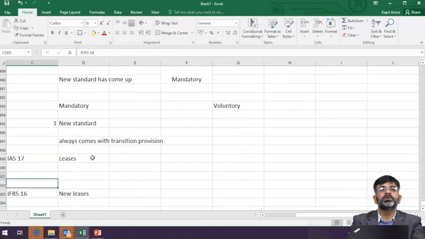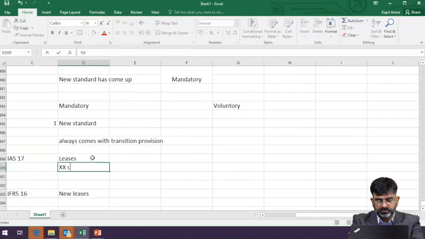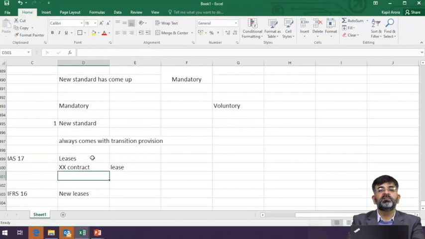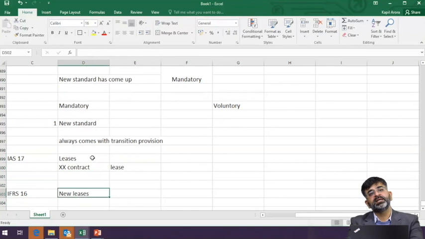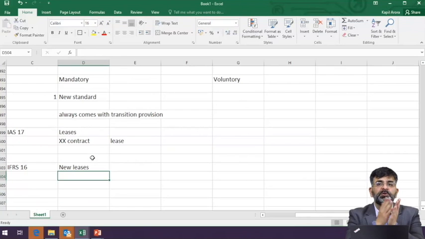Now what will we be doing with the older standard? Let's assume we had contract X, which was on lease. What are we going to do? We are going to follow what has been prescribed by IFRS 16. IFRS 16 says it is your choice whether you want to go back or not, what to do, where the difference should go.